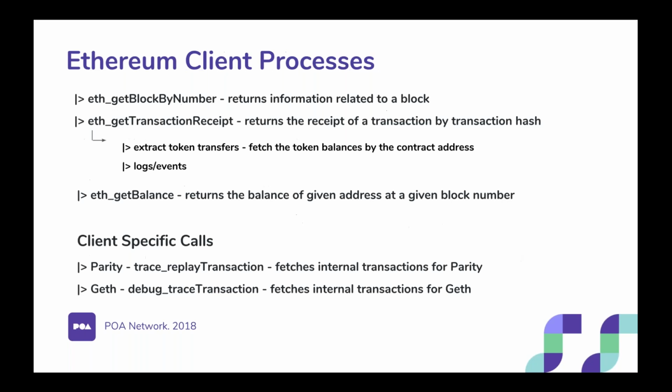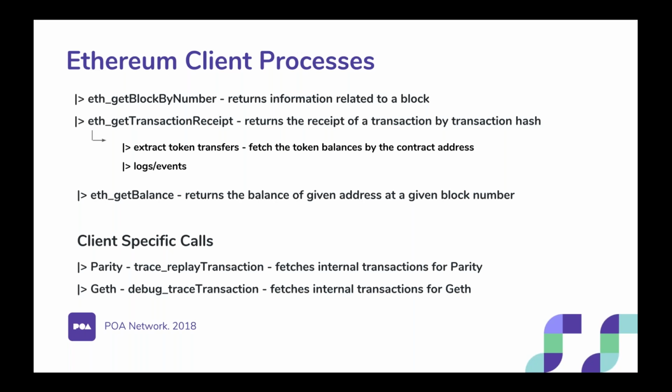So this is what a typical Ethereum client process would look like. The indexer sends us a block number. We go out and fetch it. Now, included in that block that we receive back are all the transactions that are also in the block. Now, this doesn't include the status of the transaction. So as I mentioned before, we then have to go out and say, hey, what's the status of this?